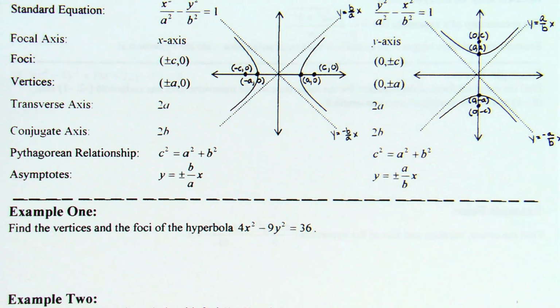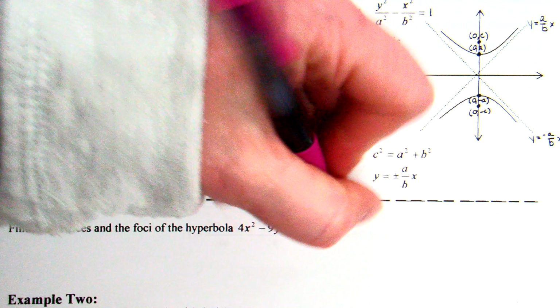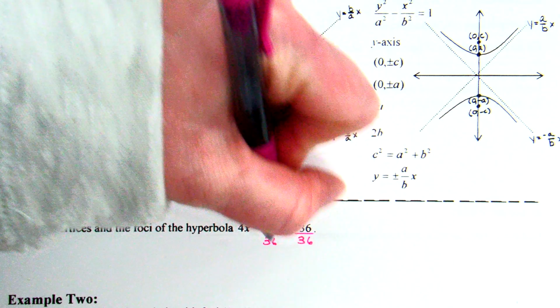So how are we going to get it into standard form? Yeah, just like in an ellipse, you're trying to get it to equal 1, and so we need to divide by 36. So this part should be old news to you, right?